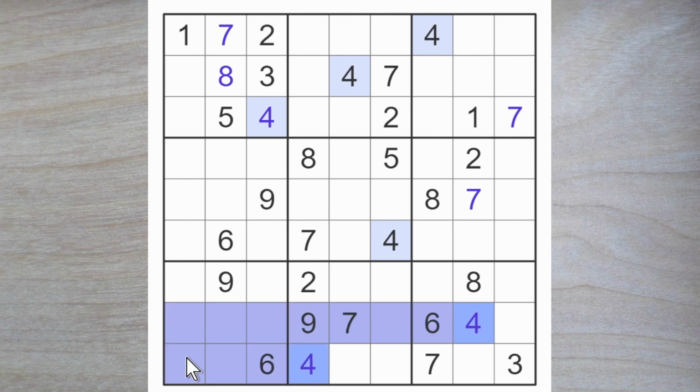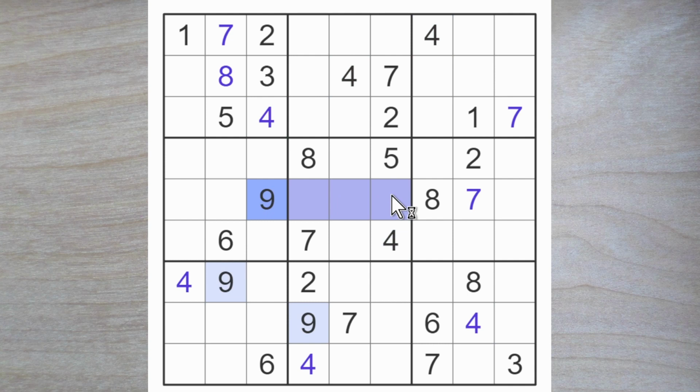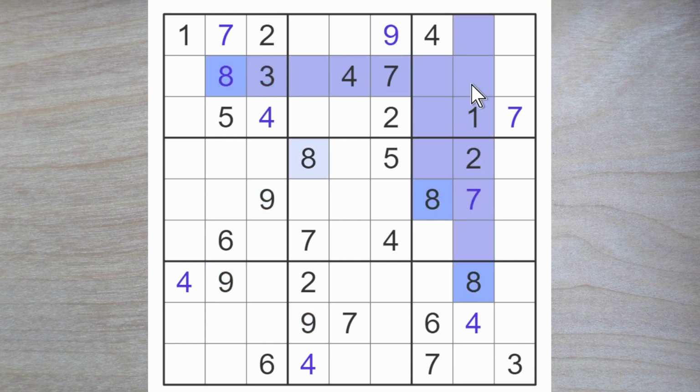Two 4s blocking across, one blocking down, and another 4 here. The 9 blocks across, so one of these squares must be a 9 blocking up. This 9 also blocks up, so a 9 goes in this square here. An 8 blocks up and over.